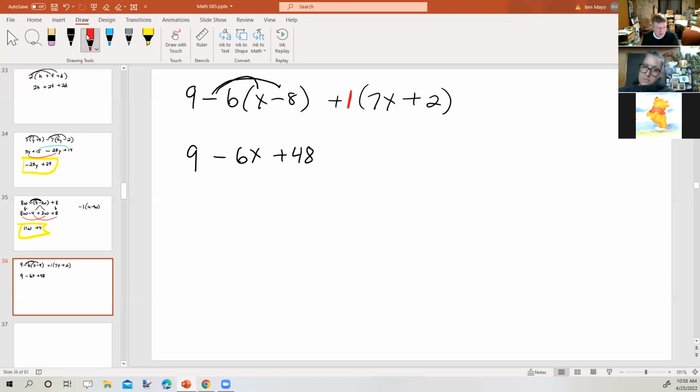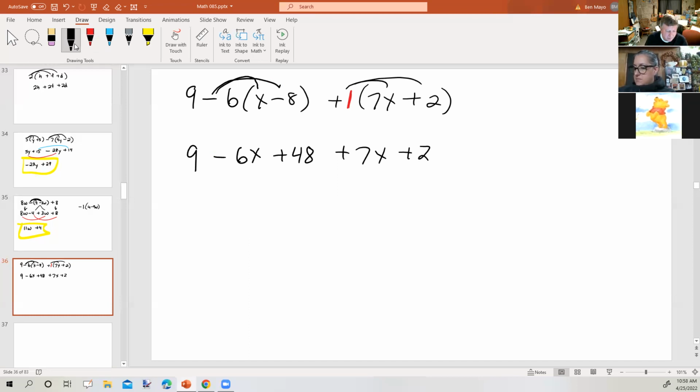With a plus 1 times something, you just get plus what's inside the parentheses, right? Because distributing a plus 1 doesn't change what's inside the parentheses, but it allows us to get rid of the parentheses. So we've gone through now and done all of the multiplication using the distributive property.